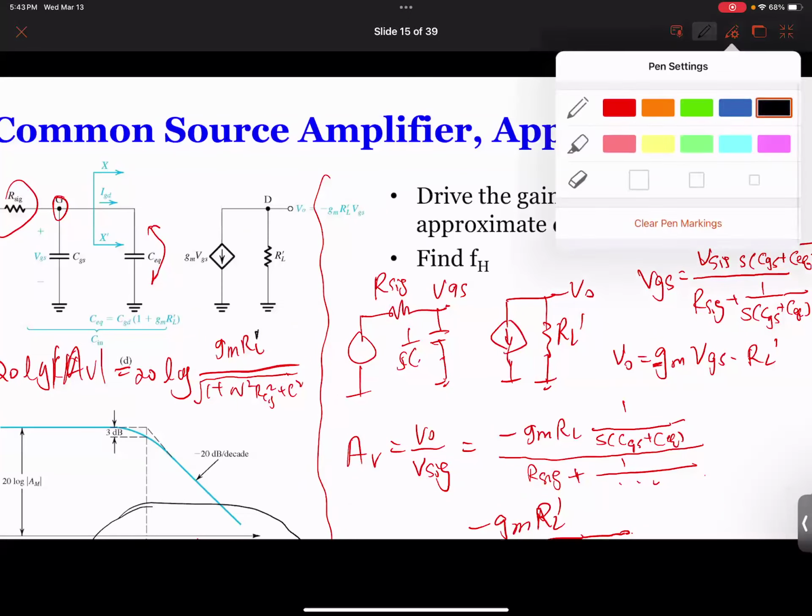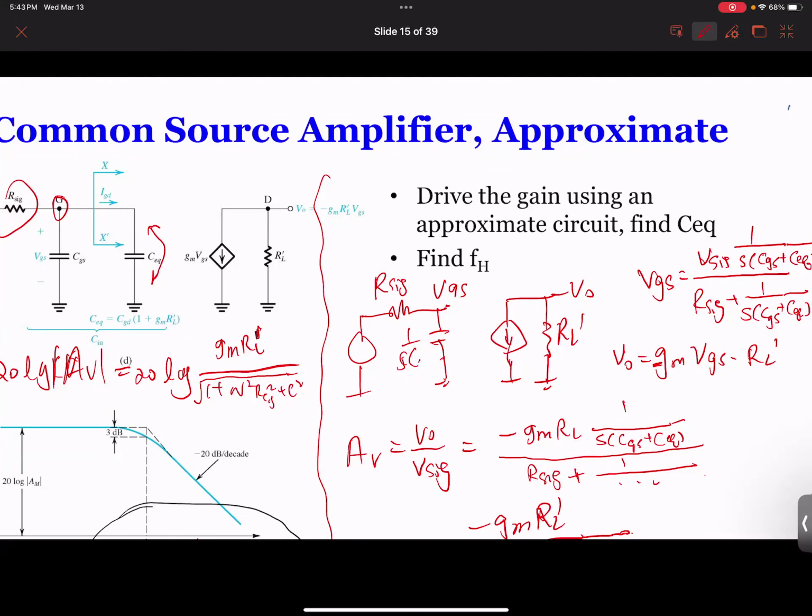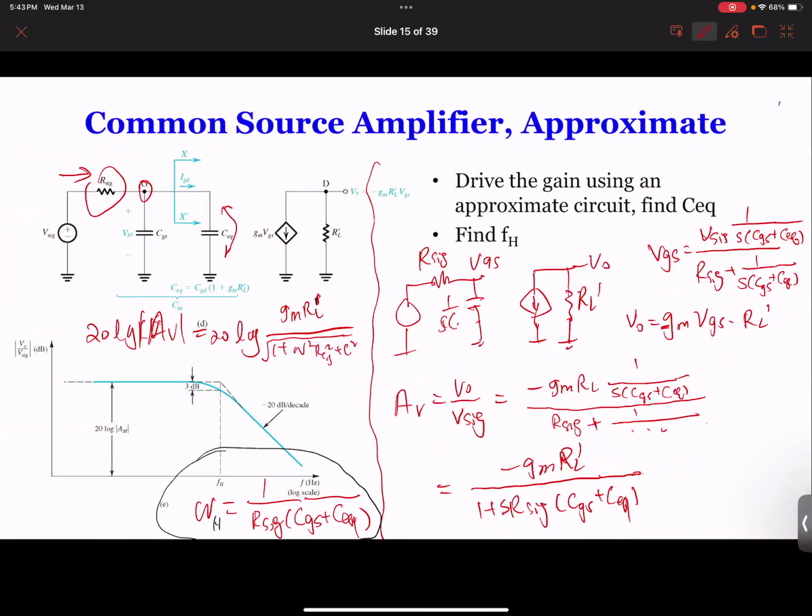So your gain, when this omega is very small, this term is gone. Your gain is GM times RL, 20 log. So the horizontal line over here is 20 log GM RL prime.